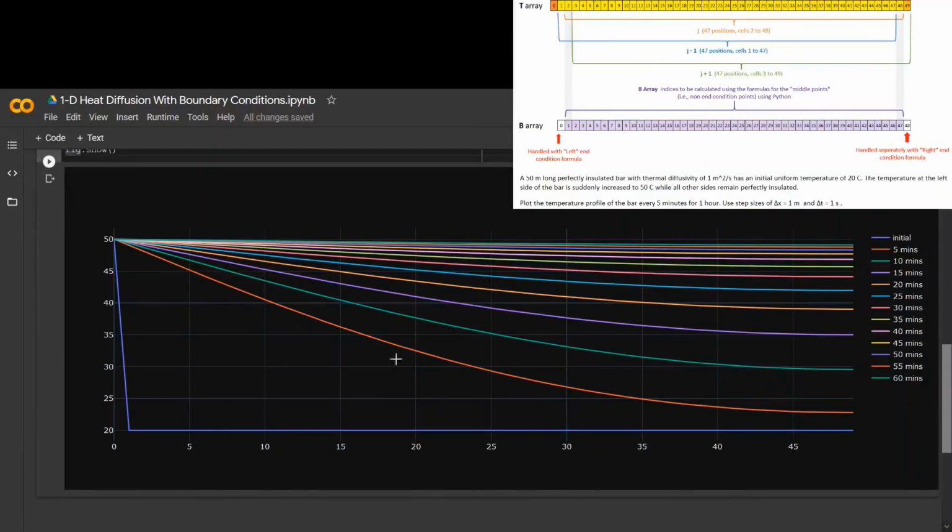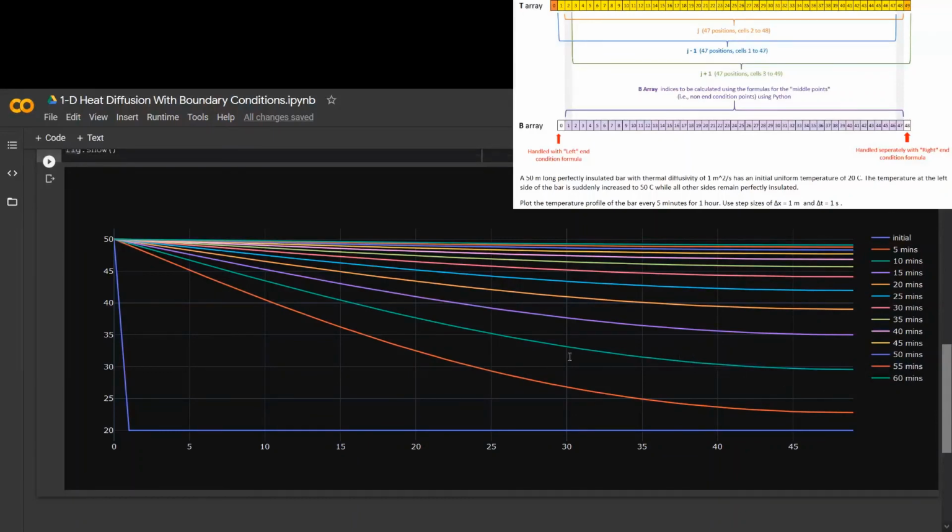So you have it slowly evening out each time. And this flattening out here should smooth out as you get closer to the insulation, I believe. We didn't plot the insulation, obviously. This is the temperature bar.